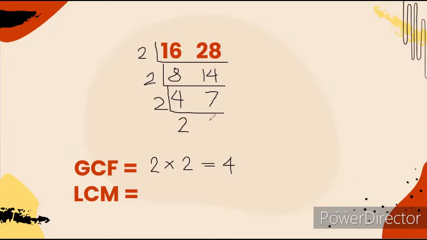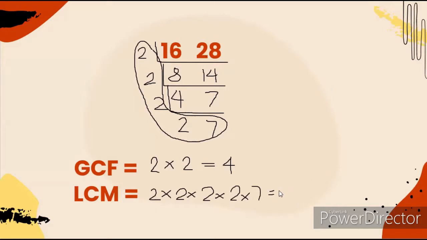And then just bring down 7, since we cannot divide 7 by 2. As you can see, all the numbers here are prime numbers. So this is now our LCM. Our LCM is 112.